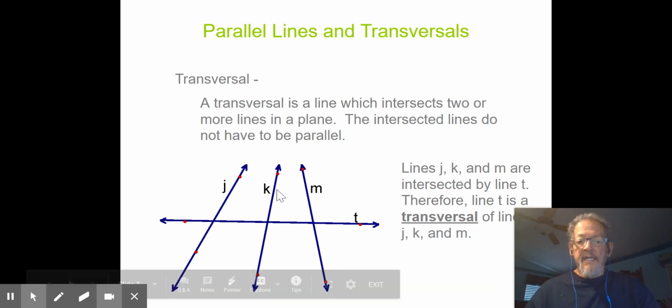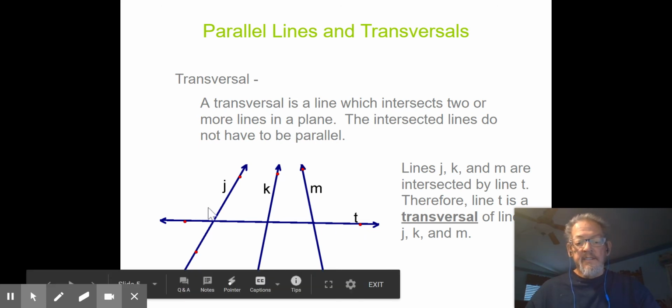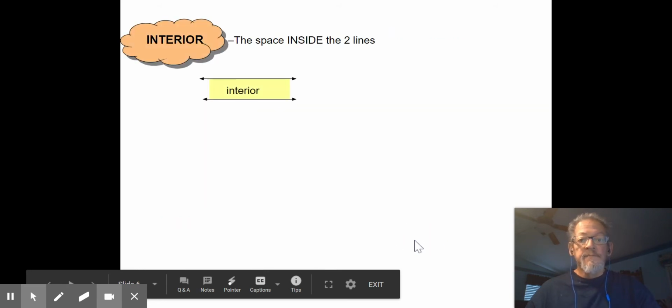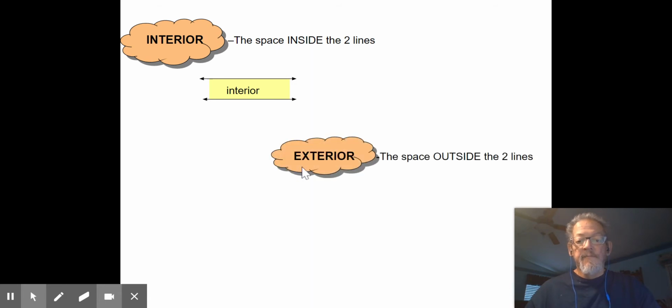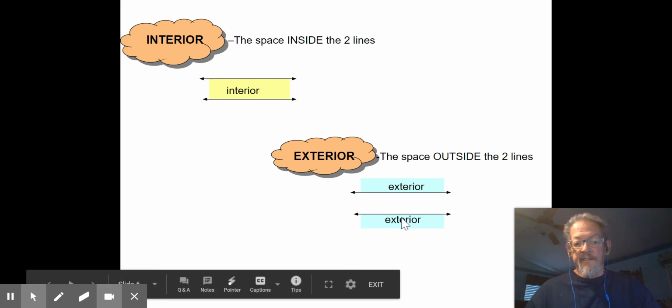Lines J, K, and M are all intersected by T, so T would be considered a transversal. And the space inside the two lines is the interior. Think of the word in. The space outside the two lines is the exterior.